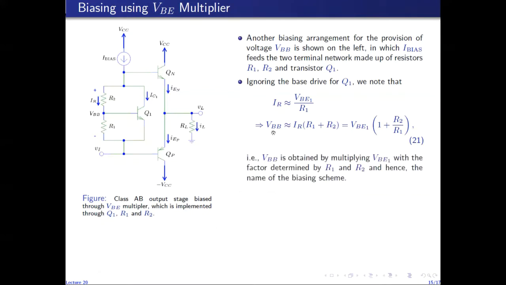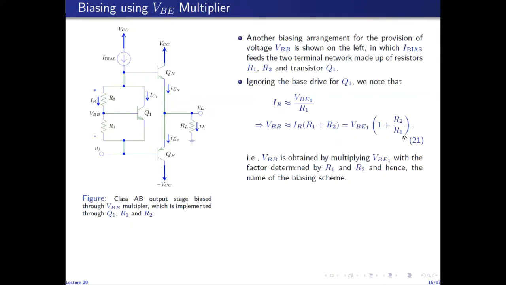So VBB is obtained by multiplying the base-emitter voltage of Q1 by this factor of 1 plus R2 over R1. And this is the reason why it is called VBE multiplier, because the base-to-base voltage is set up by multiplying VBE of Q1 by this factor.